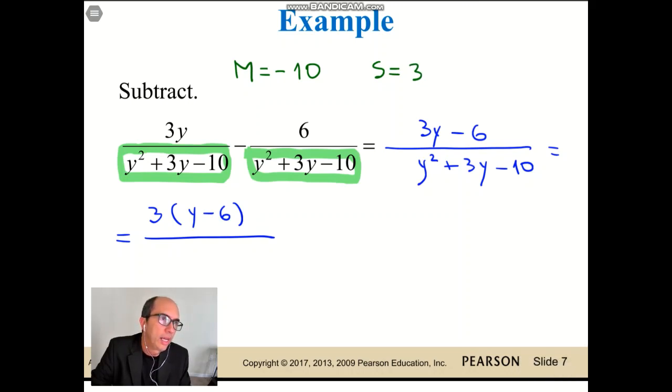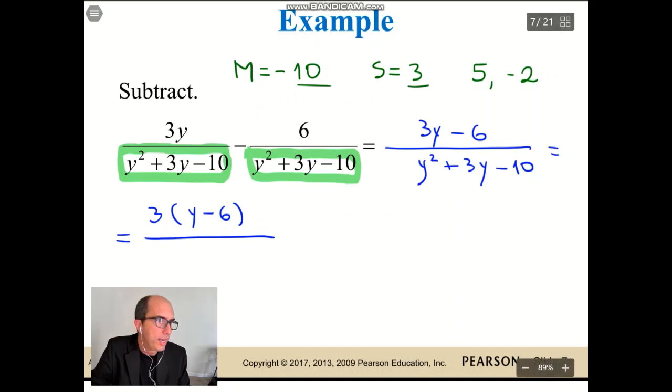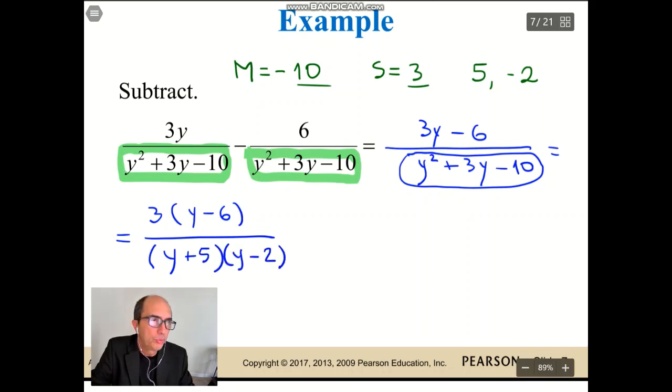Thinking about it, I'm thinking about 5 and negative 2. 5 times negative 2, negative 10. 5 minus 2, 3. And we can rewrite the denominator, factoring as y plus 5 times y minus 2, right?